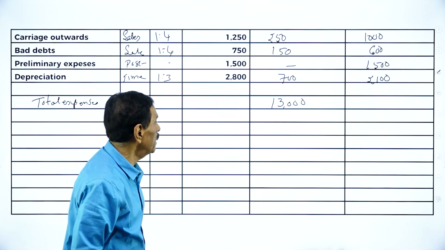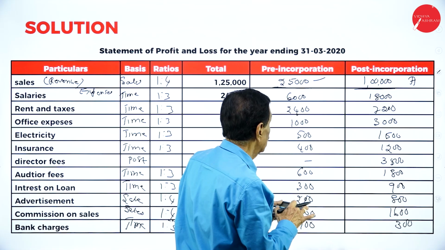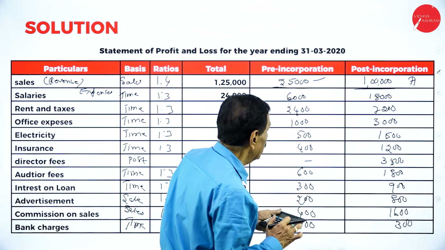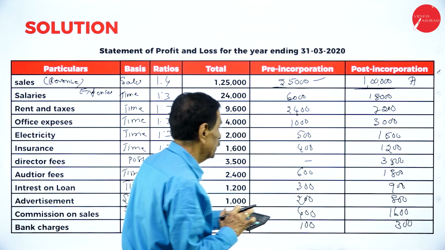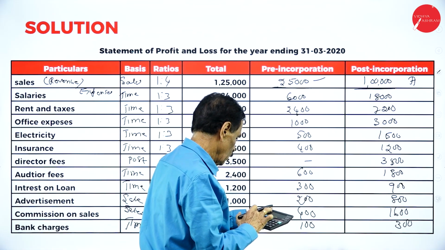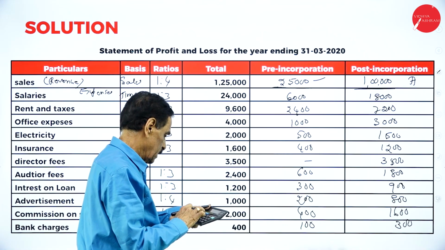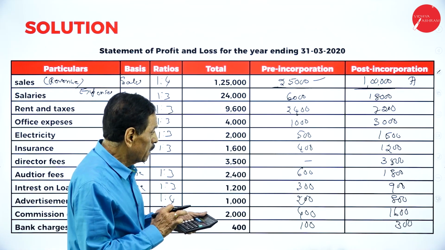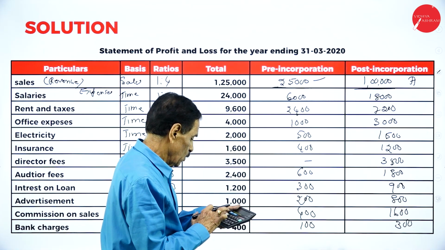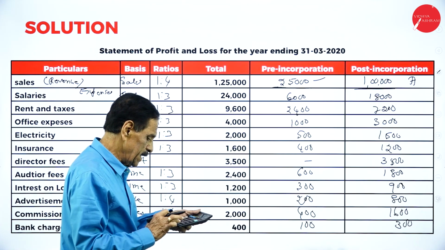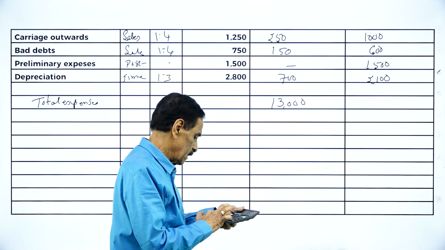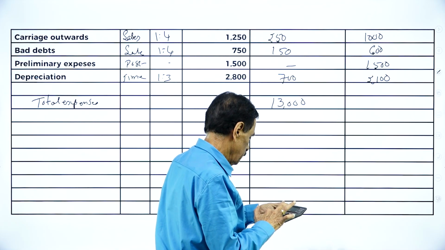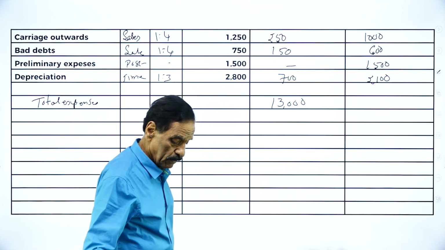Come back to post-incorporation. 18,000 plus 7,200 plus 3,000 plus 1,500 plus 1,200 plus 3,500 plus 1,800 plus 900 plus 800 plus 1,600 plus 300 plus 1,000 plus 600 plus 1,500 plus 2,100, 45,000.